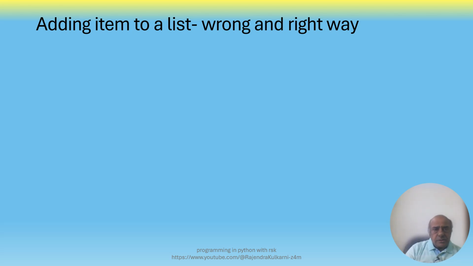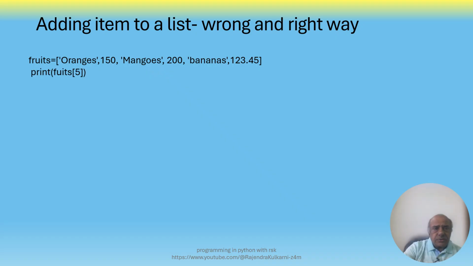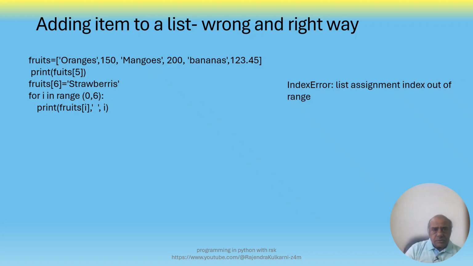We can add an item to a list. When we try to add in a simple way, it fails. There is a list named fruits. When I use print fruits, I expect the output to be the five elements, 1, 2, 3, 5.